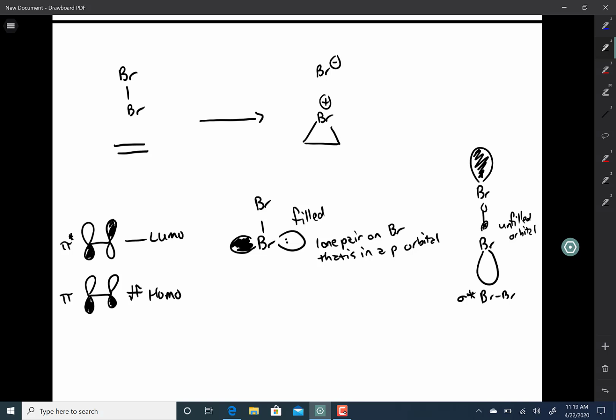So let's have the filled orbital of the bromine interact with the unfilled orbital of the LUMO. And so here I'm going to draw in the LUMO.